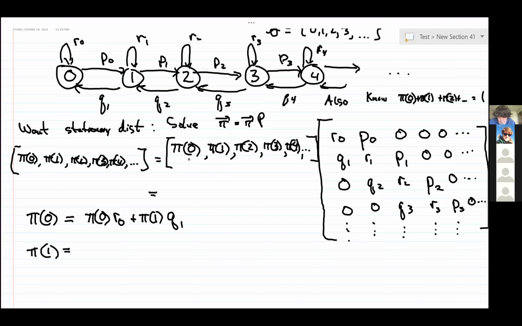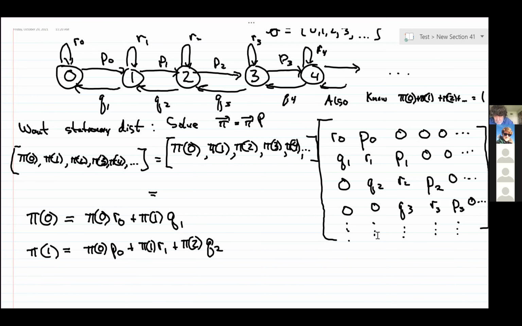So it would be pi 0 times p0, plus pi 1 times r1, plus pi 2 times q2. And that would be the end of it, because after that, in the second column after q2, you only have 0, so all the other products would disappear.